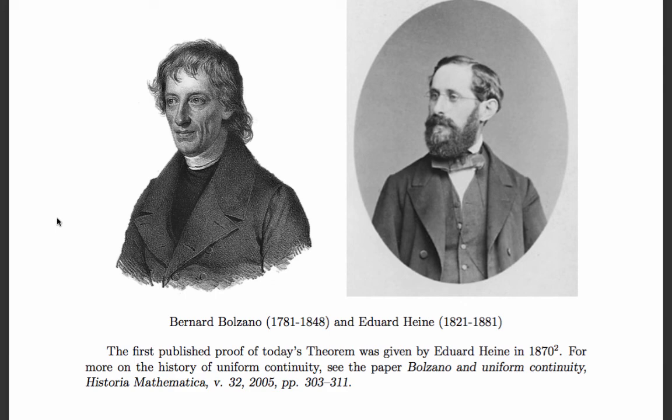Bolzano and Heine of Heine-Borel fame also did proofs, and Heine published his in 1870. But both, of course, are giants in mathematical history who worked on what you're working on.